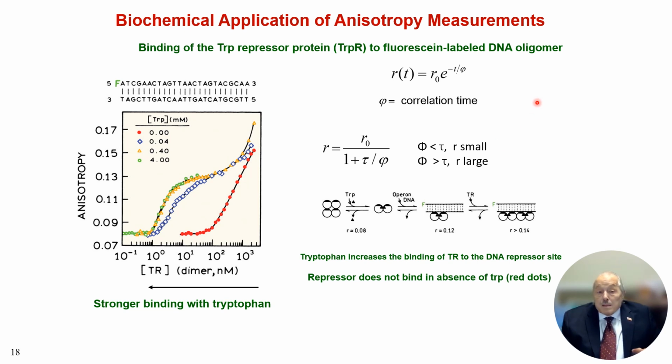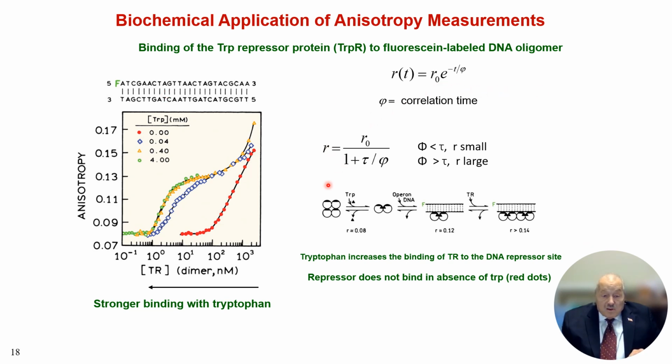These are anisotropy measurements to look at the binding of the trp repressor protein. That's the protein that represses biosynthesis of tryptophan if the organism has enough tryptophan. And the trp repressor protein binds to this fragment of DNA, which was fluorescein labeled.